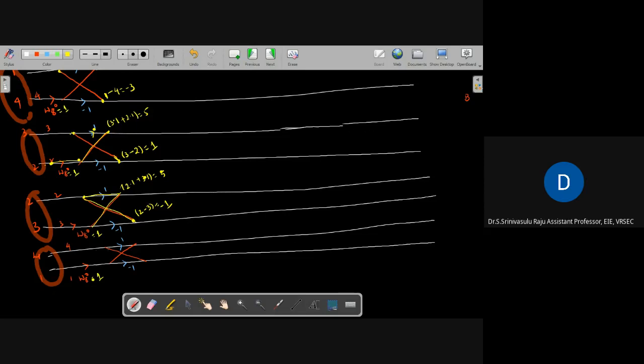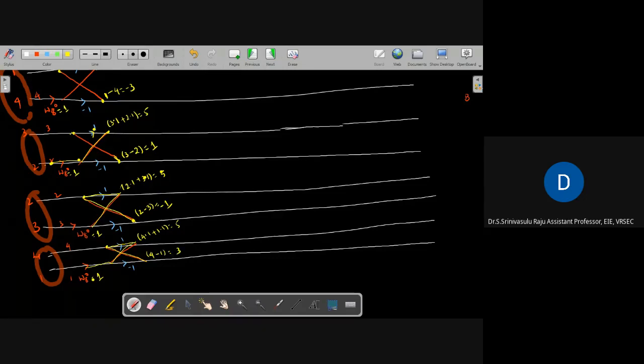Like this, 4 into 1, and again 1 into 1, so plus 1, so 5. Here 4 will come directly, 4 is not having any multiplication factor, 1 into minus 1, minus 1, so we have 3.